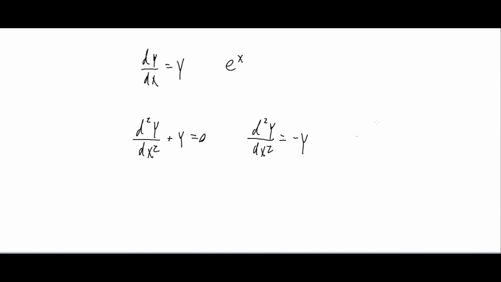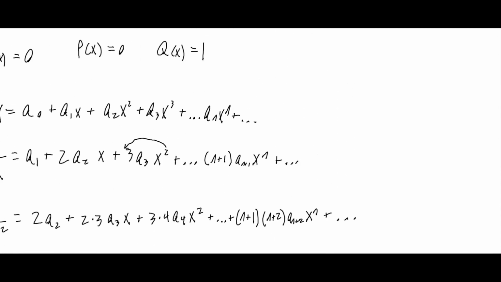We found that the sort of general solution of a naught, and we could put a naught here as well, a naught cosine of x plus a1 sine of x was the function that satisfied this. So y equals that.